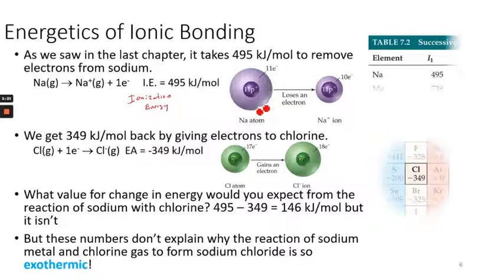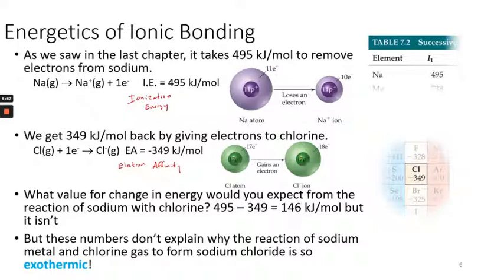So in this case, for sodium to become Na+, you have to add 495 kilojoules per mole. And then we saw when an atom accepts an electron, that's called electron affinity. In most cases, when it accepts an electron, it releases energy. That's why this is negative.